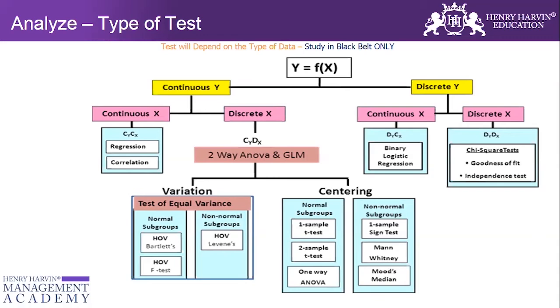But in Six Sigma green belt or black belt projects, it is very, very important for us to look at whether it is a significant impact or not. And significance can only be checked using hypothesis testing, which will be done with the help of these tests. So I will not get into the detail. I will not get into the Minitab version because these tests are to be done in the black belt, which is a next level for you.